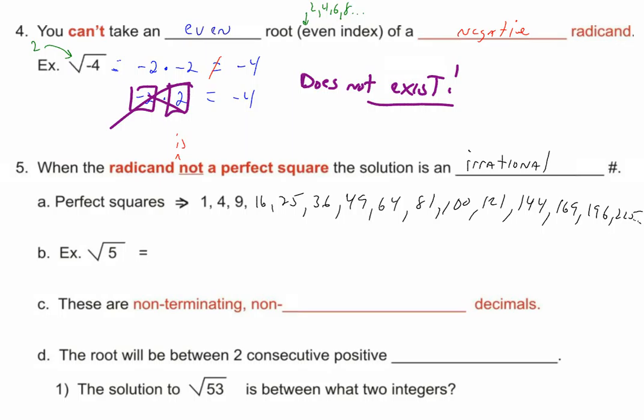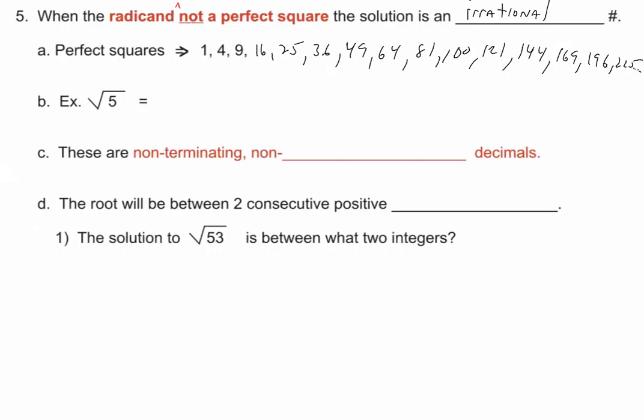Now, go ahead and punch in your calculator the square root of 5. Depending on how many digits your calculator gives you, this is 2.236067978 and it goes on. It's irrational.